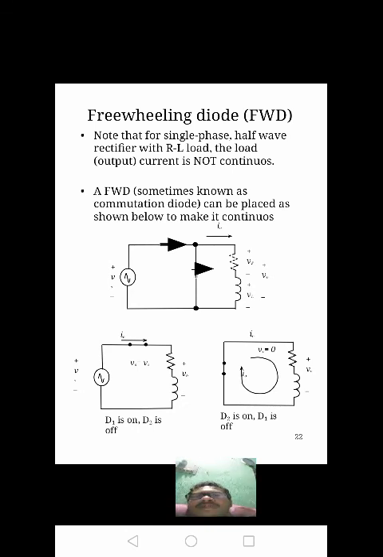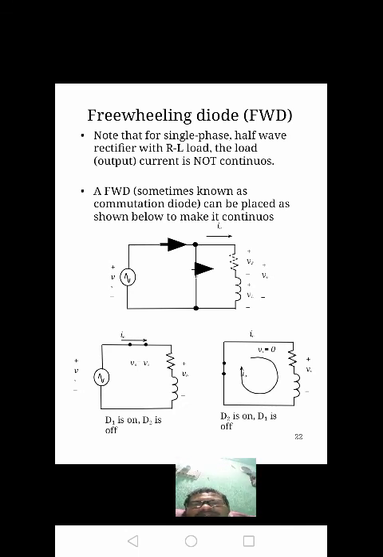A freewheeling diode, sometimes known as a commutation diode, can also be placed as shown below to make it continuous. In parallel with the RL load, we can place a freewheeling diode. The continuity of current will take place. Discontinuity does not occur in the circuit.